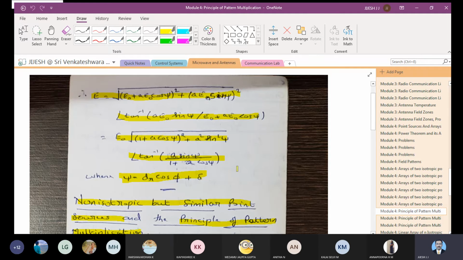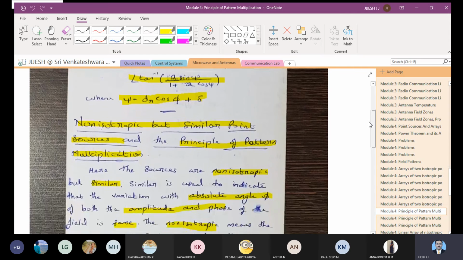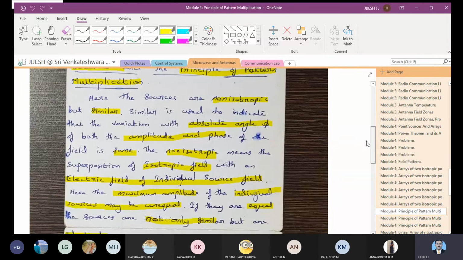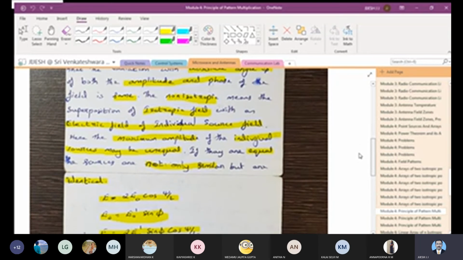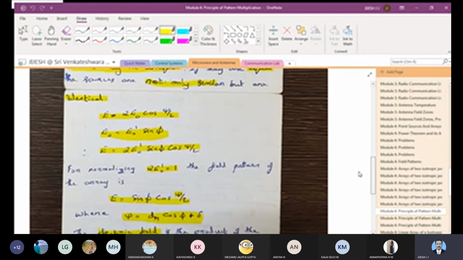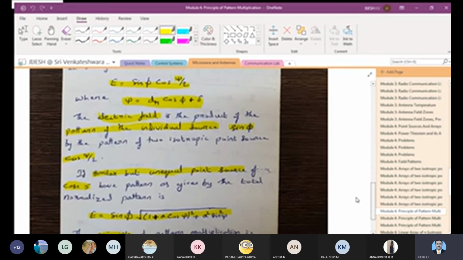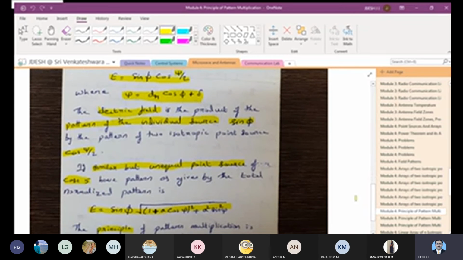This was the most general case equation which you get. Then we also discussed non-isotropic but similar point sources with pattern multiplication, where you can understand what is meant by pattern multiplication, where you are taking combinations of two.